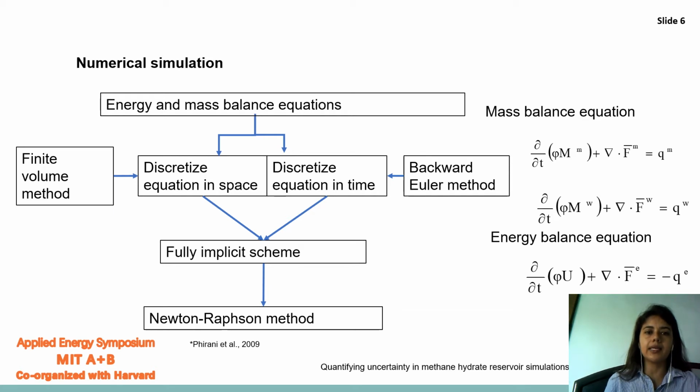It has been validated against several other simulators in the code comparison study done by USDOE. The energy and mass balance equations are discretized in space and time. The finite volume method is used to discretize the equations in space, and the backward Euler method is used to discretize them in time. These equations are further solved by the Newton-Raphson method. These are the mass and energy balance equations.